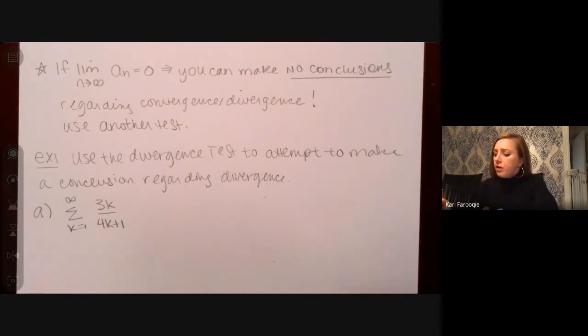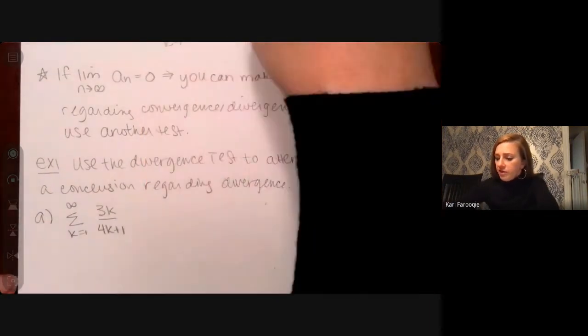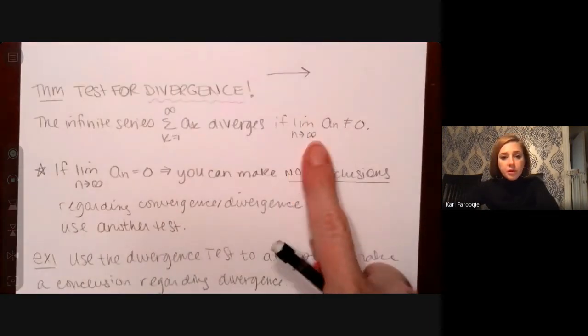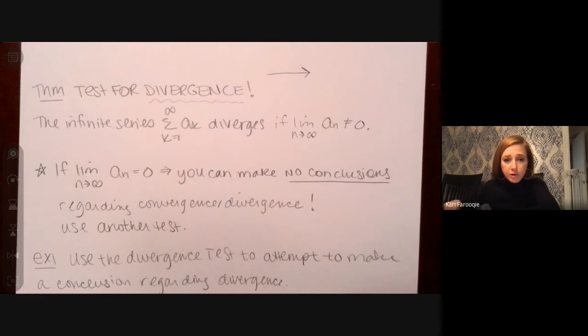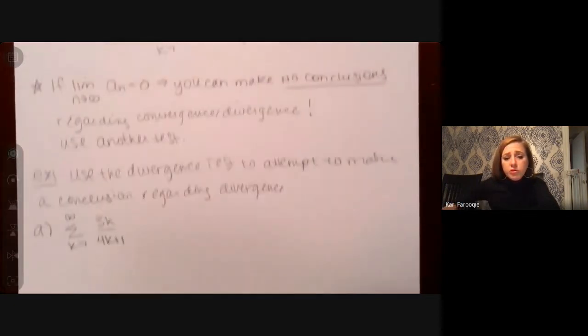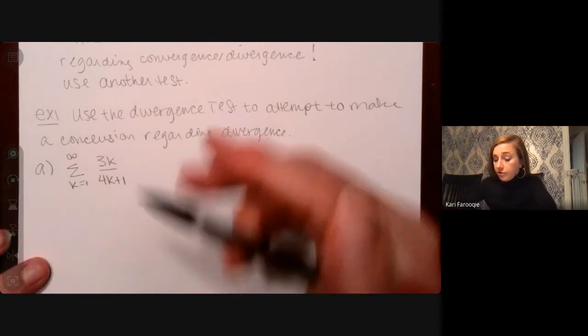All right. So what I'm going to do is I'm going to take the limit of a sub n as n approaches infinity, and I'm going to see what happens. If I get 0, I'm not going to make any conclusions. If I don't get 0, then I'm going to go ahead and say that it must be the case that my series diverges.